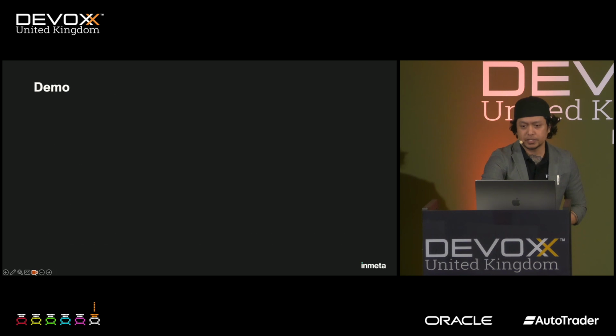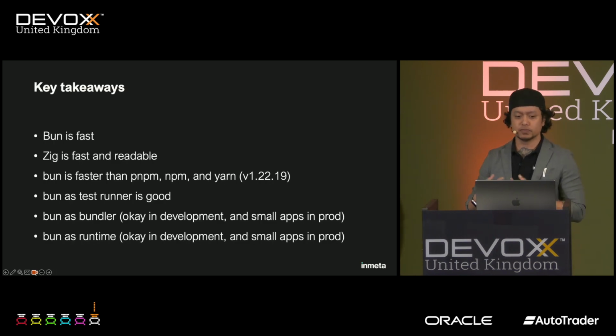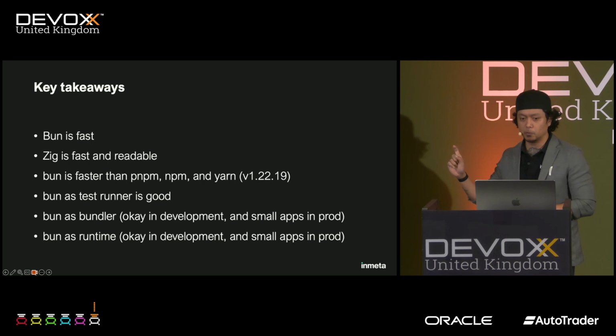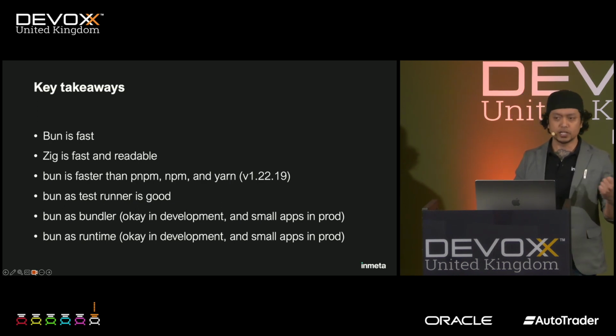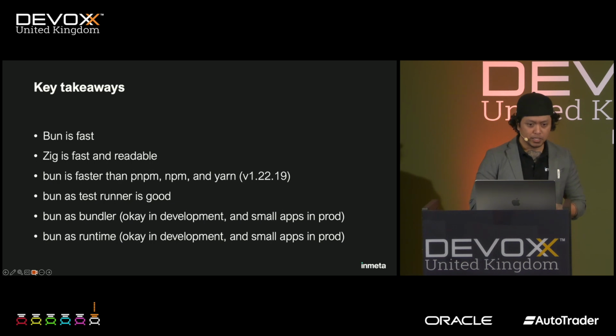And we're almost there. So, key takeaways. Bun is fast, Zig is fast and readable. Bun is faster than pnpm, npm, and Yarn. The Yarn version is 1.22.11. This is the classic Yarn, by the way. I used the classic Yarn earlier, not version 3 or version 4. Bun as a test runner is a good choice also.